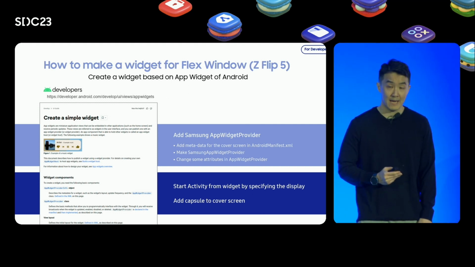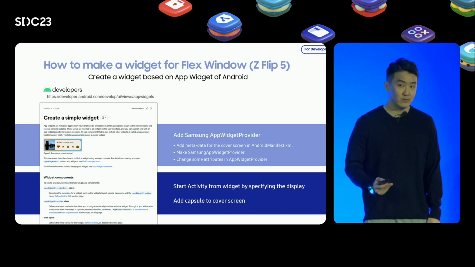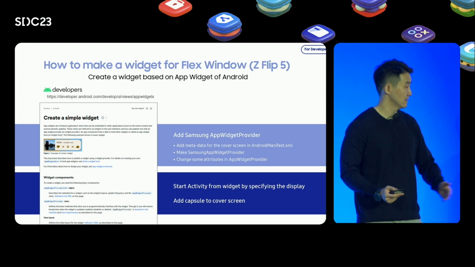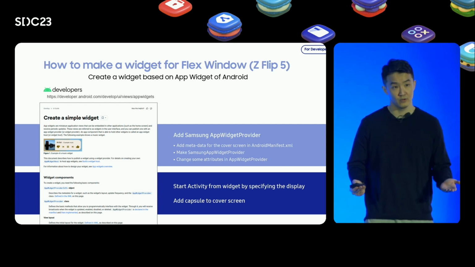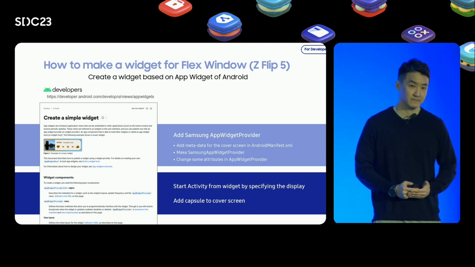It starts with an app widget on Android. Firstly, make the Android app widget in your project by referring to the Android developer site. Based on that, we should add metadata for flex window in Android manifest and make the Samsung app widget provider into the resource folder in a simple XML format.